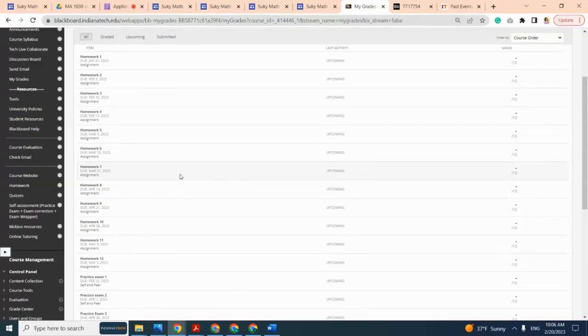Please combine your images into a PDF. If your images are sideways, rotate your images so that they're readable. And please make the pages larger. I saw some students whose PDF is one page with multiple images on one page, and it's so hard to read. So make your pictures bigger, one picture per page. You might have a PDF with multiple pages. And you also need to check your work.